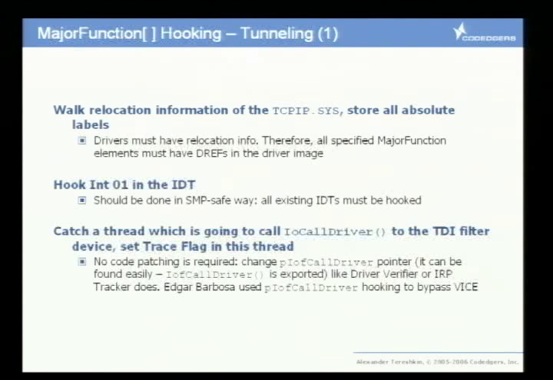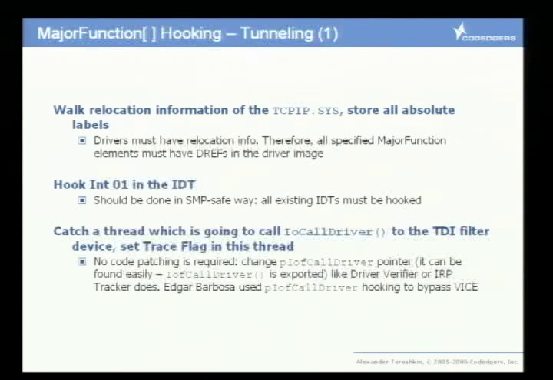We have to make 6 steps to achieve our goal. First, we should walk the relocation information of the TCP/IP driver to store all absolute labels which are used by this image. All drivers must have relocation info, and therefore these major function elements will have data references in the driver image.